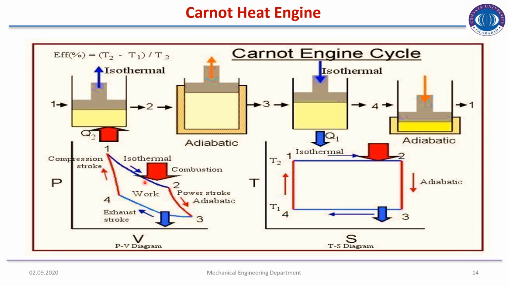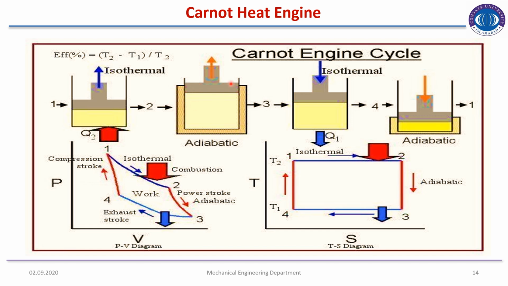When we see this same process on the TS diagram, from 1 to 2 it is a straight line because temperature is constant. From 1 to 2, the red arrow suggests that heat is added during this process. So from 1 to 2, heat is added but temperature remains constant, whereas entropy is increased.